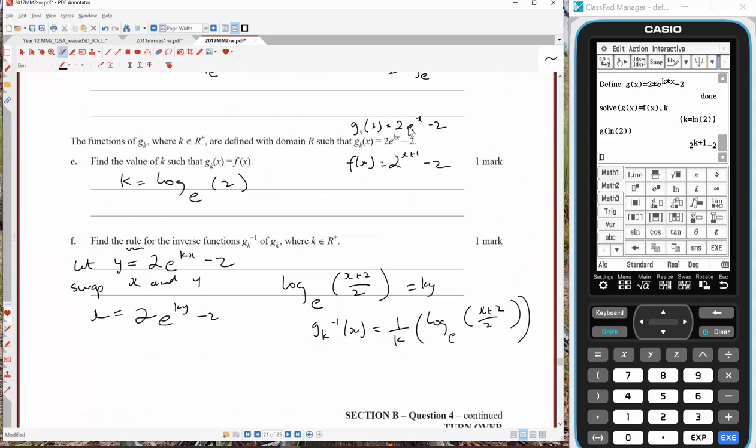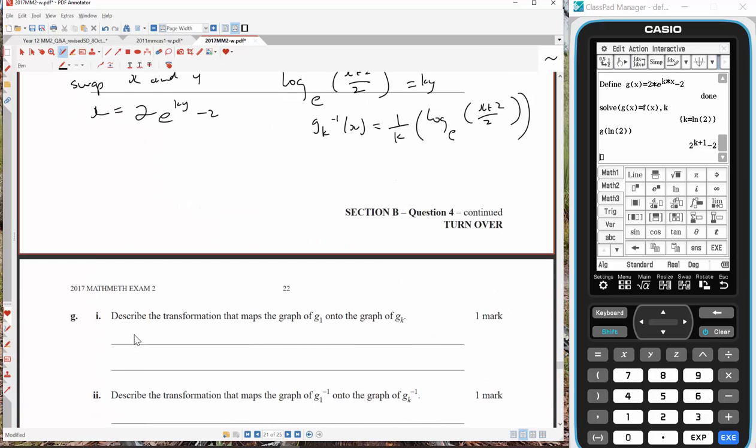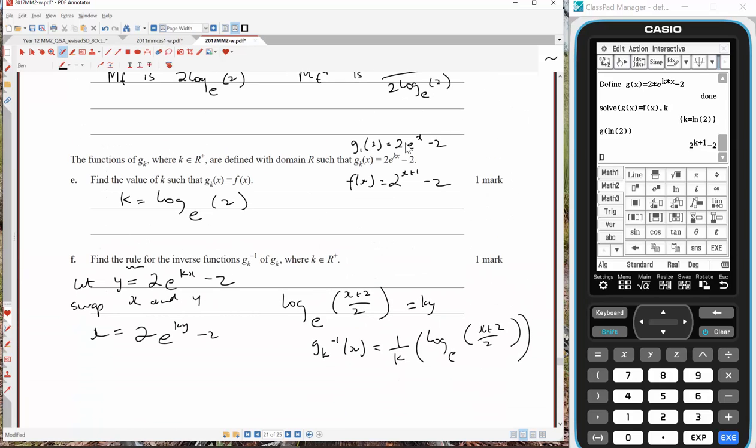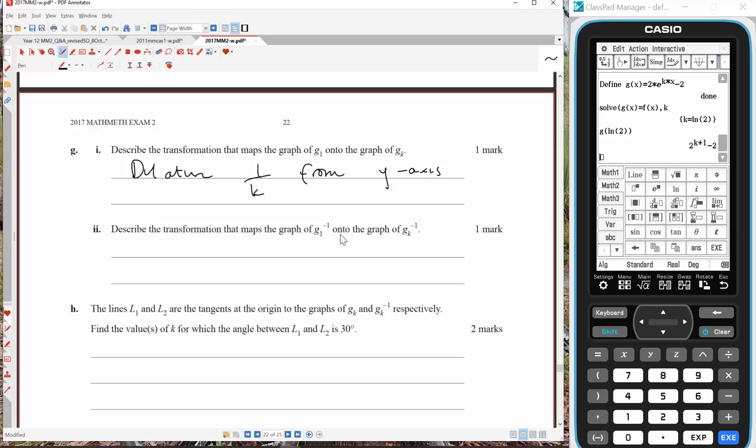That to that, which is going to be a dilation by factor 1 on k from the y-axis. To do that, what I would do is pop 2k into that, which would be a dilation 1 on k. Yeah, cool.